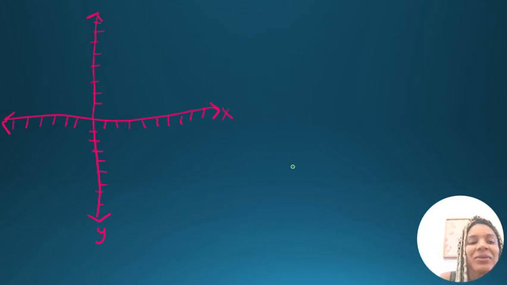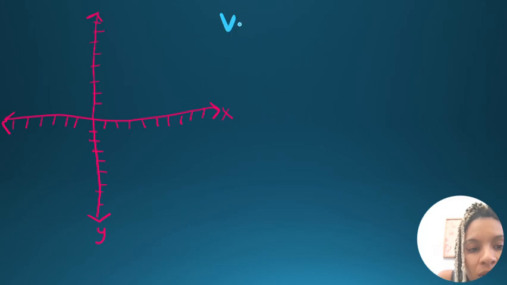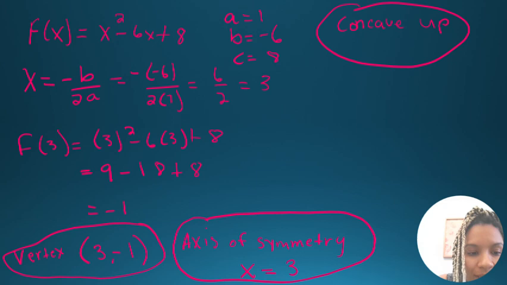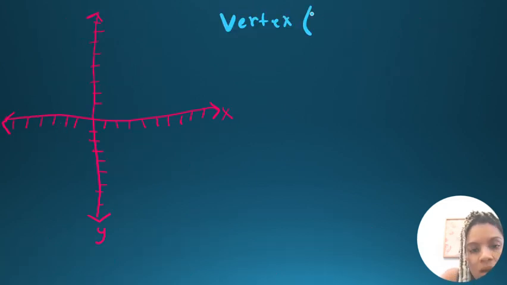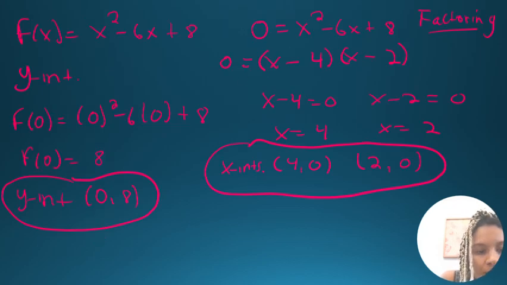Okay, let's write down everything that we know. Let's use this blue. Oh, not bad. This is looking nice. It's like aqua blue. Okay, so my vertex is (3, -1). My y-intercept is (0, 8).